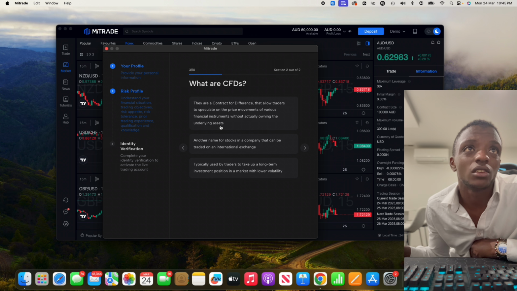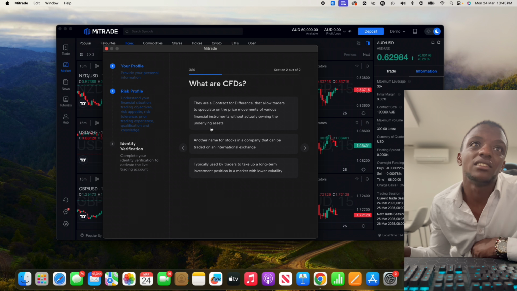What are CFDs? They are contracts for difference that allow traders to speculate on the price movements of various financial markets without actually owning underlying assets.